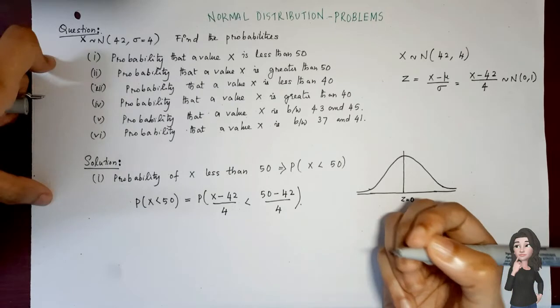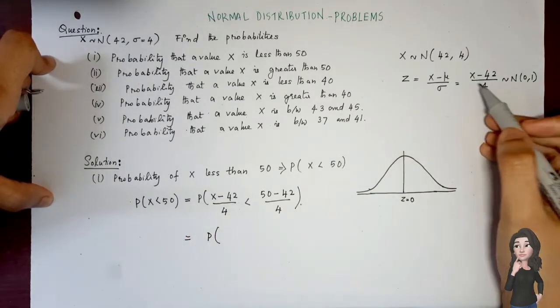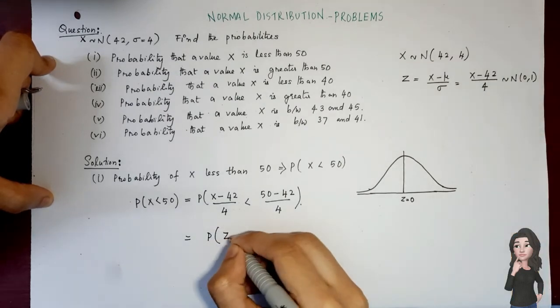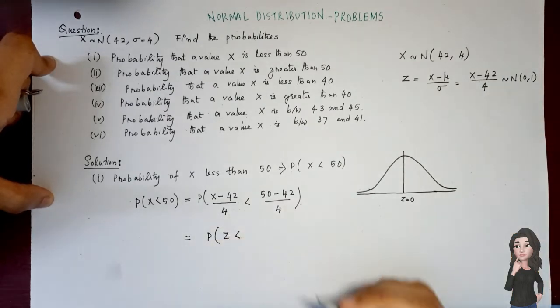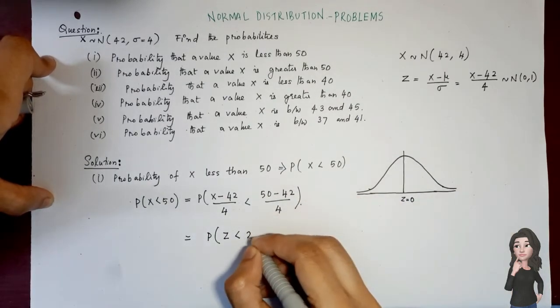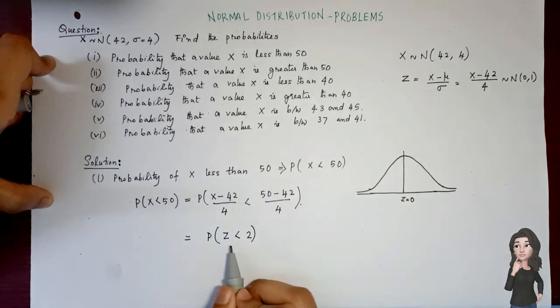Isn't it? Yes. This is equal to the probability of z, where z is (x minus 42) by 4, less than 50 minus 42, which is 8, and 8 by 4 is 2. So, the probability of z less than 2.